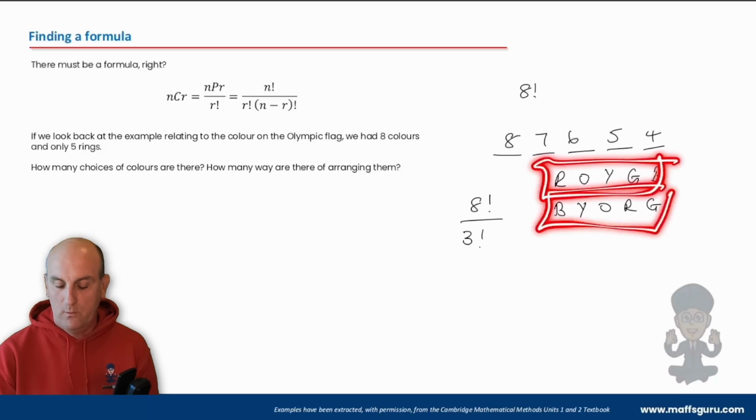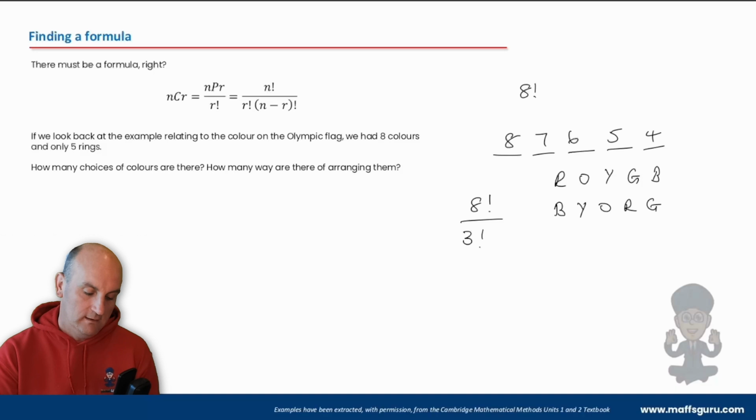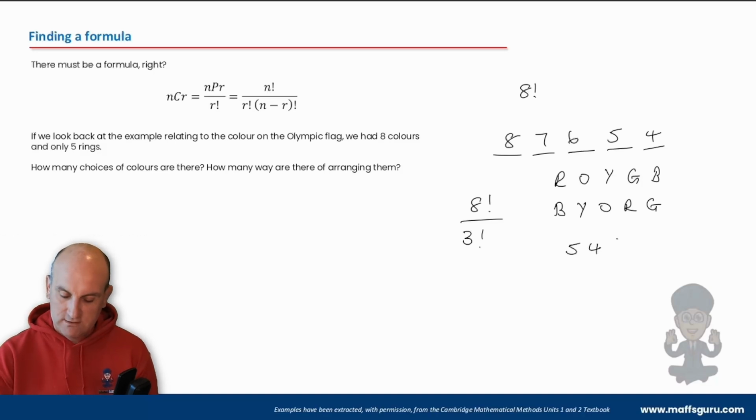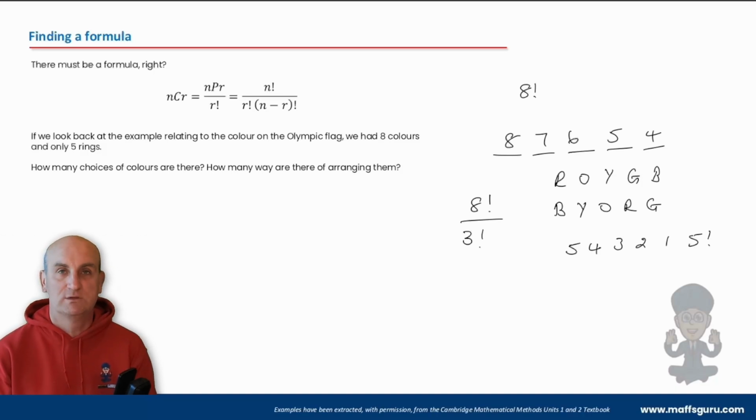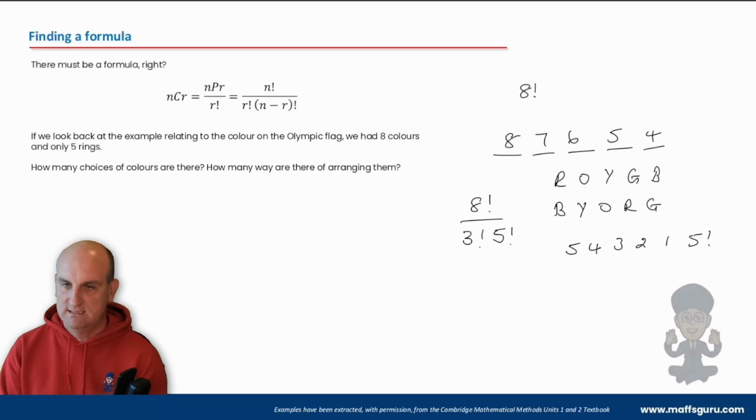How many different ways would those 5 colors be repeated? Well, again, we can go back to our general idea that there would be 5 choices, 4 choices, 3 choices, 2 choices, and 1 choice, or 5 factorial. So if we are now trying to reduce this by getting rid of all of those duplicates and saying they are the same, then I would want to divide by that 5 factorial to get rid of those choices.